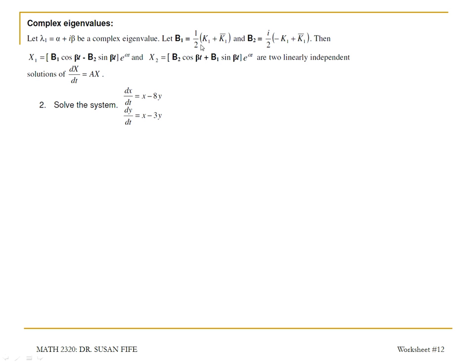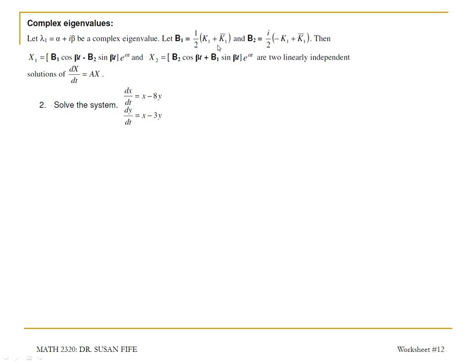B1 is 1/2 K1 plus K1 bar. This K1 bar is a complex conjugate. It's a conjugate of K1, where K1 is the eigenvector that corresponds to this eigenvalue that we get.